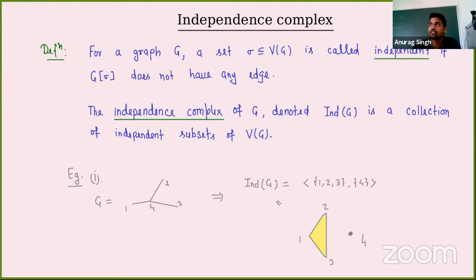It is easy to see that if a collection is independent, all its subsets are again independent. So this makes it a simplicial complex, because if G sigma does not have any edge, then G tau will not have any edge for any tau subset of sigma.